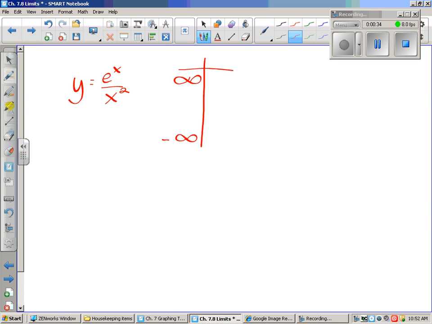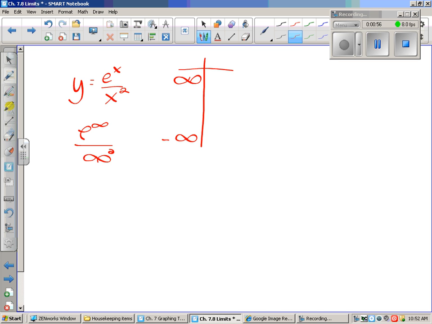Now, when you put infinity in this, you have e to the infinity over infinity squared, which means you have infinity over infinity. A couple options here. One, recognize that e to the x is always the strongest function, going to obviously outwin this lovely x squared.